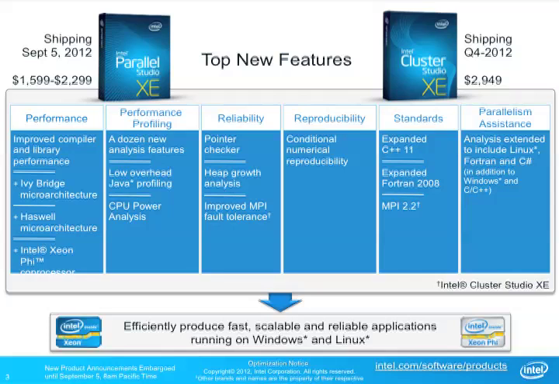Of course, this is in advance of the introduction of any products using that microarchitecture, but the fact that we have it there allows our users to get their software ready as well for Haswell microarchitecture-based products. And we have our full support for Intel Xeon Phi coprocessors.